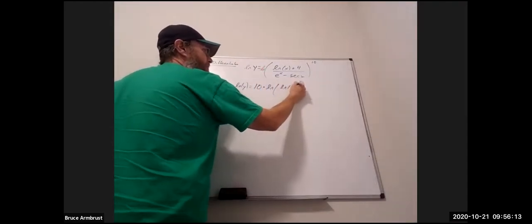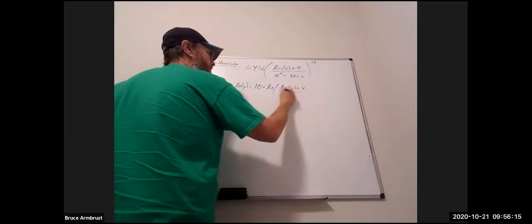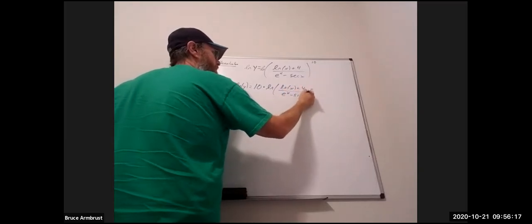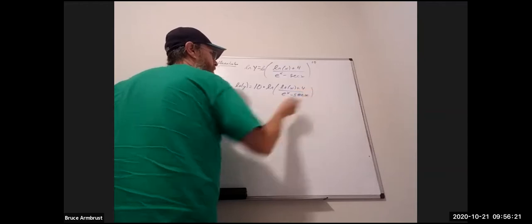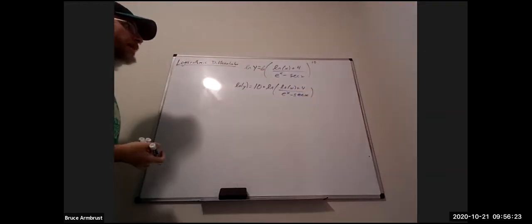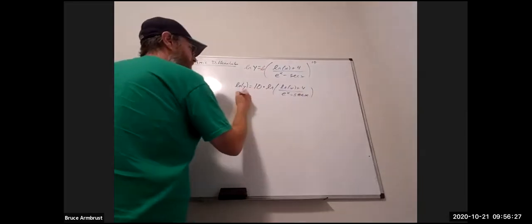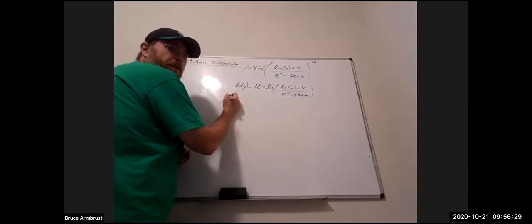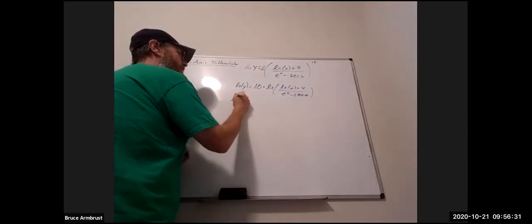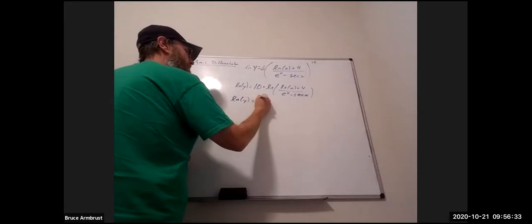I'm actually going to show you the steps of the log expansion here. So that power comes out front as a multiple. And then I have division on the inside. So I'm going to be able to split that apart as subtraction.